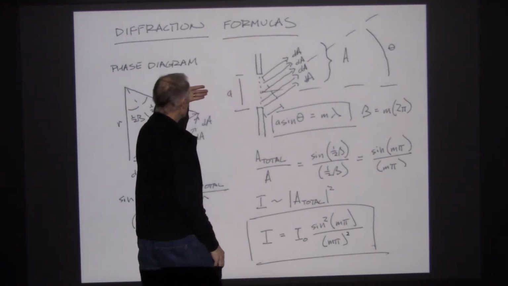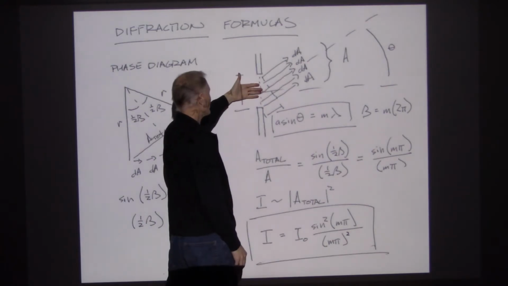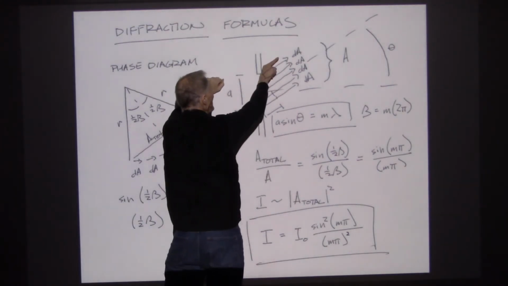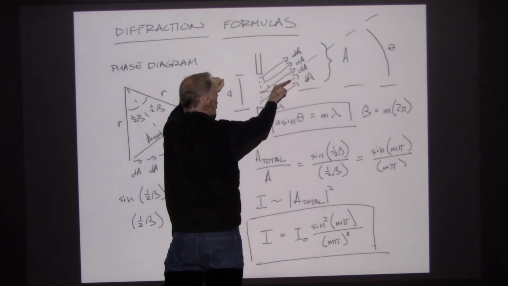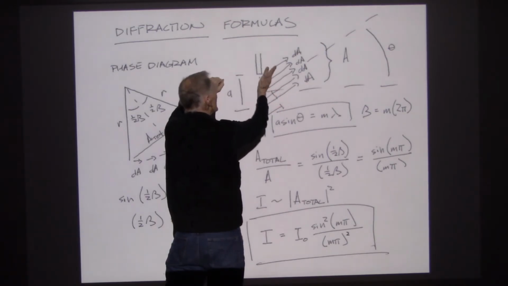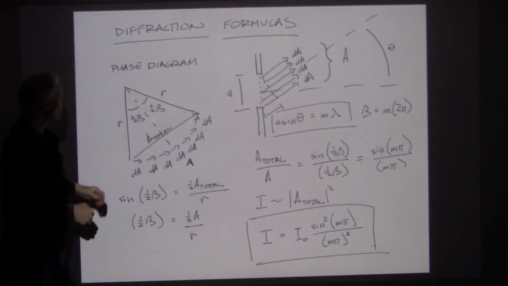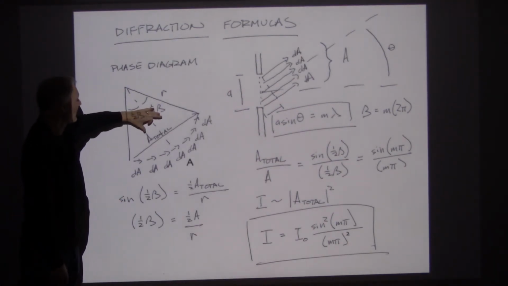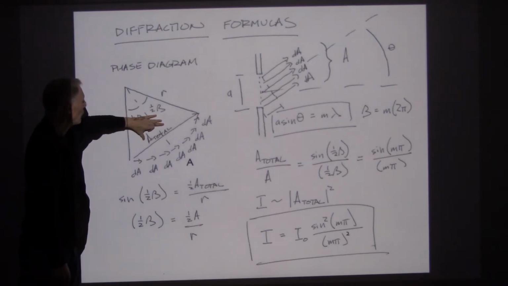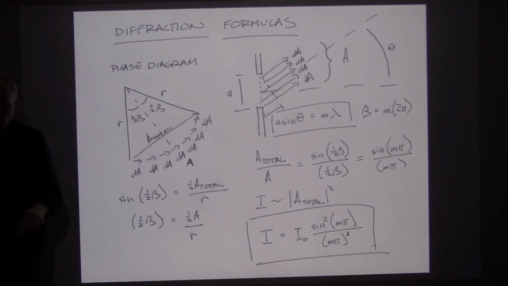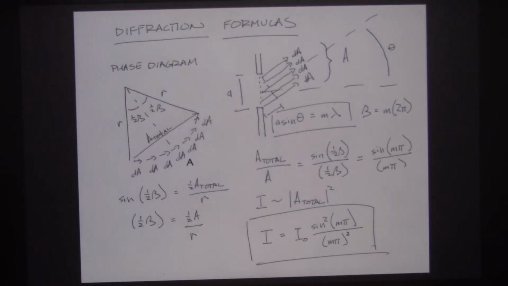So the light coming in has a total amount of amplitude, and then that amplitude we can divide up into a whole series of dAs, and then we can take into account their interference effect. And once we've taken the interference effect into account, what we'll end up with is an A total for that particular location on the screen.